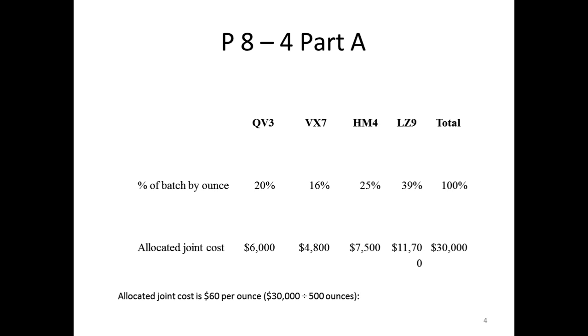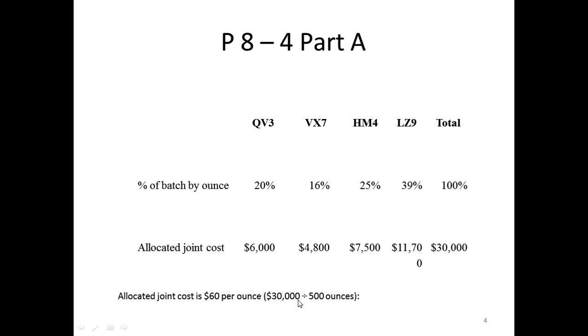So, starting with problem 8.4, parts A and C, let's talk about what happens when we allocate first the cost of the $30,000 joint cost to each of the joint products based on the number of ounces. Now, if we allocate, the allocation for the joint costs is $60 per ounce.